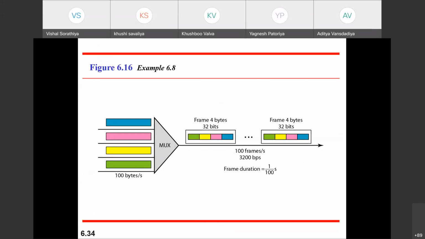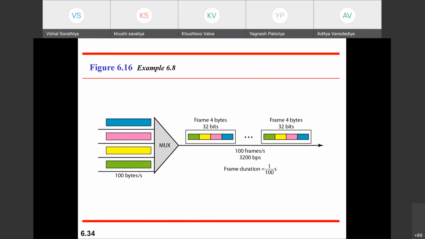Now, how is the frame going to be generated? One thing we need to keep in mind: let's consider you have 100 bytes per second. Whenever the multiplexed frame is generated, it is going to be faster by the number of lines you have.